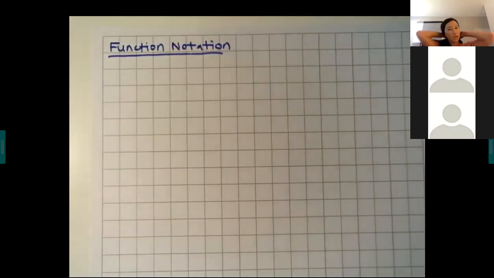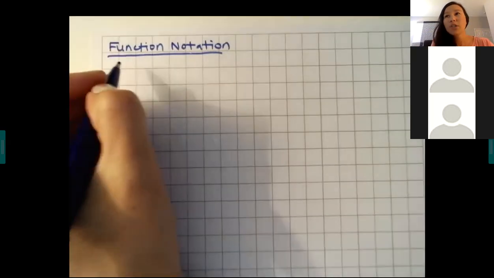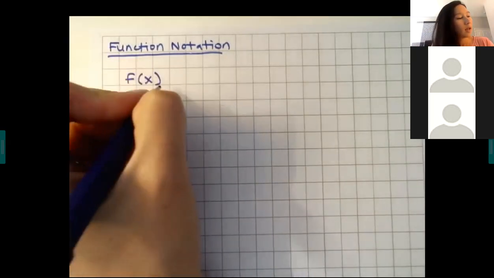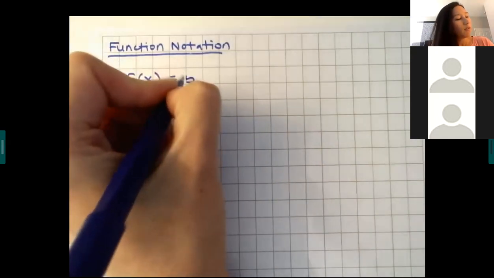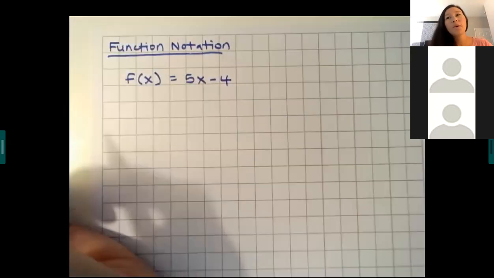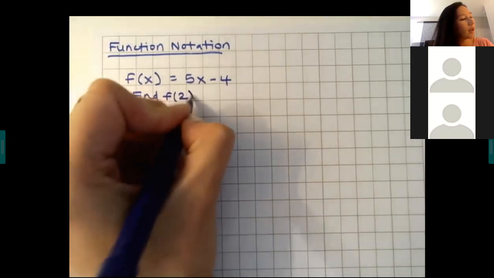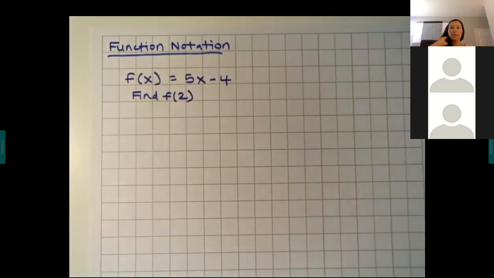Okay, so function notation. Function notation is something like this: f of x equals 5x minus 4, and it'll tell you to find f of 2.